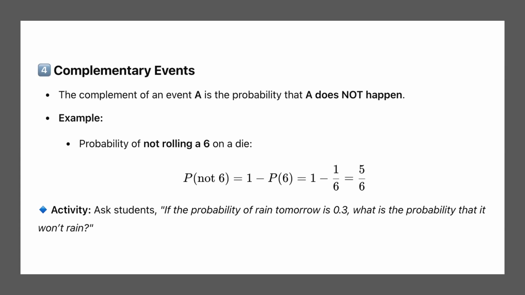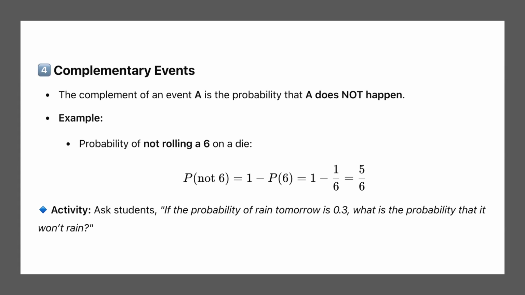So 1 minus the probability of getting 6. The probability of getting 6 is 1 divided by 6. So the probability of not getting a 6 is 1 minus 1 by 6, equal to 5 by 6. We generally represent not A by A bar or A not. So the probability of A not will be 1 minus the probability of A.